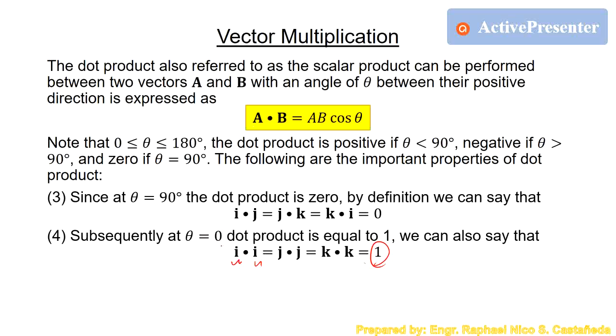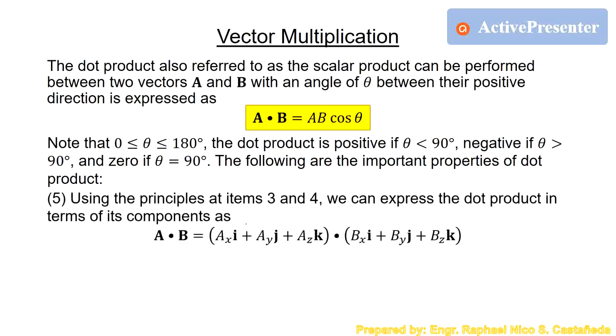Cosine of 0 is 1 if you try to calculate it. The same goes with J and K, because the angle between them is 0. I and I are parallel to each other, so there is no angle between them.